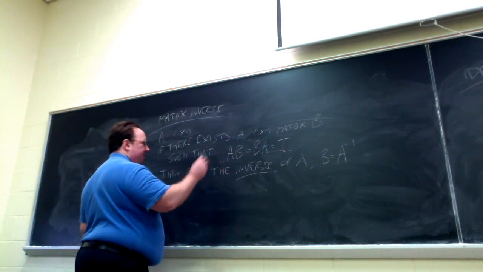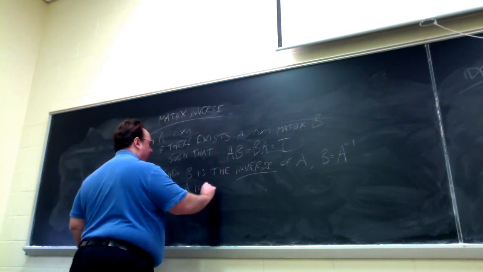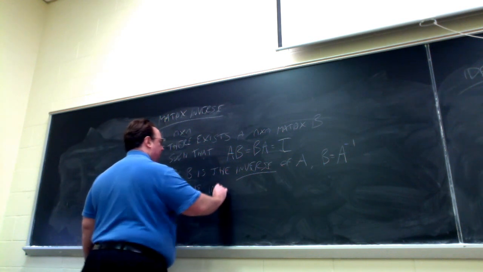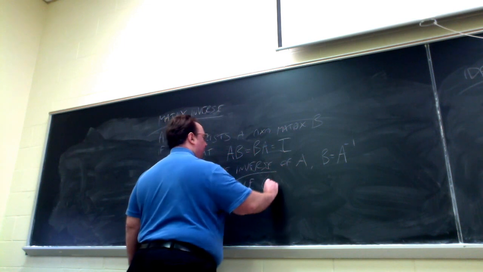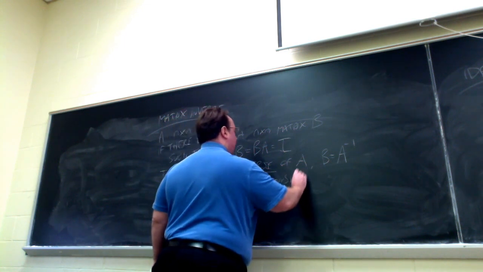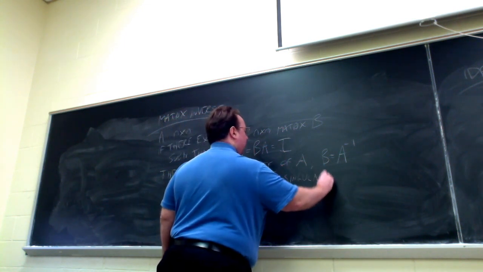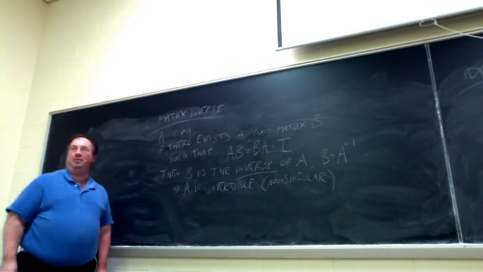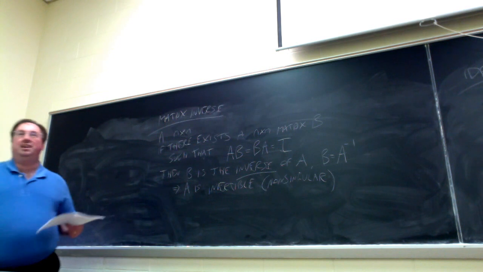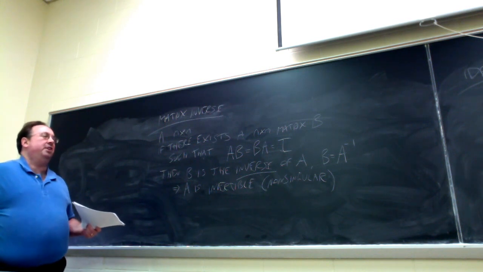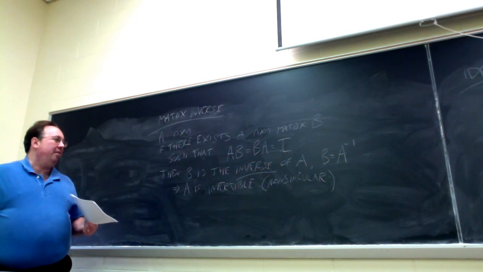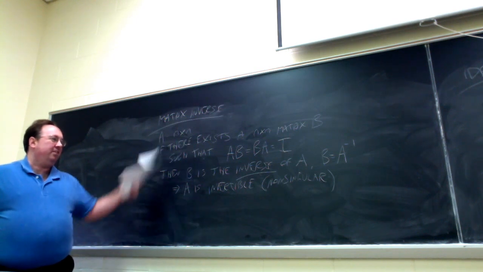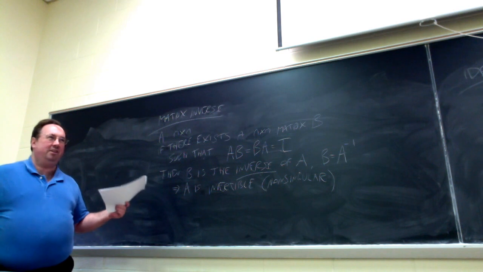And if this inverse exists, we say that A is invertible. We also say it is non-singular. I remember this issue of terminology came up, I think when Dr. Chen was teaching 326, and he had defined this and explained, okay, inverse exists, but it's invertible.